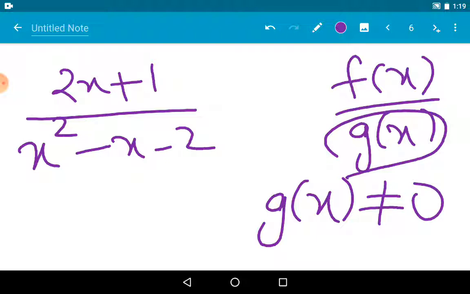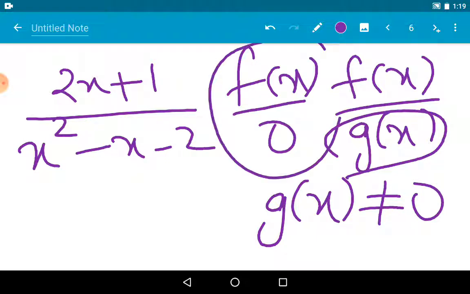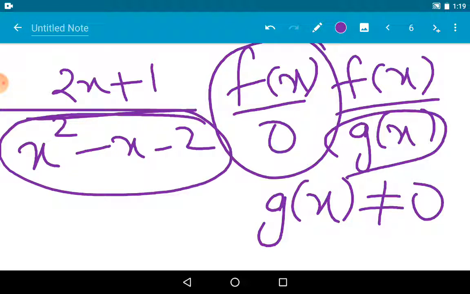If g(x) comes to 0, then it will be f(x) by 0, and the function is not defined. So we should avoid the denominator being 0. In this case, the denominator is x square minus x minus 2. So we have to find the points where x square minus x minus 2 is 0 and remove those points from the domain.